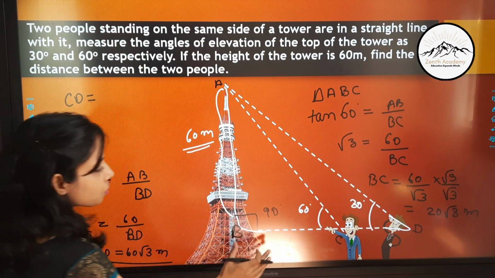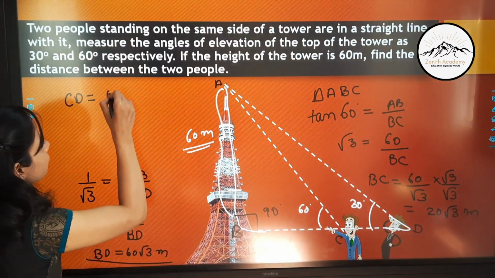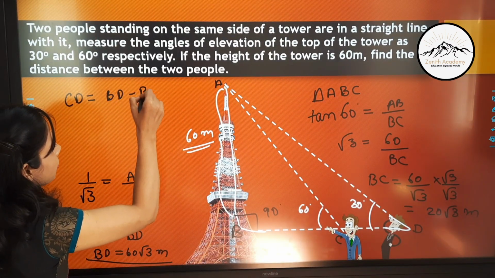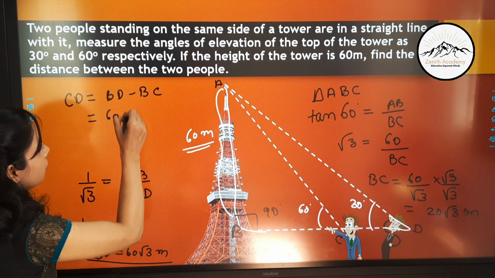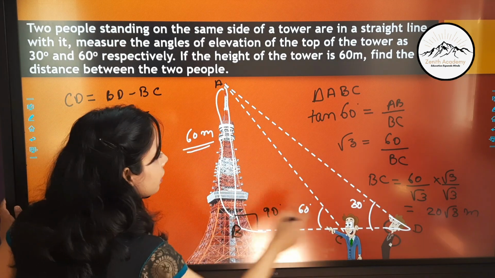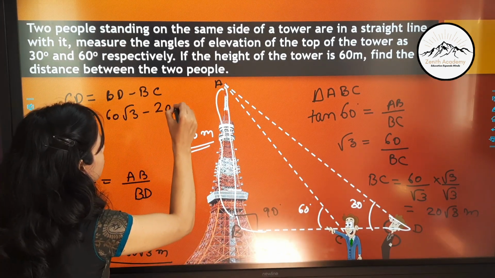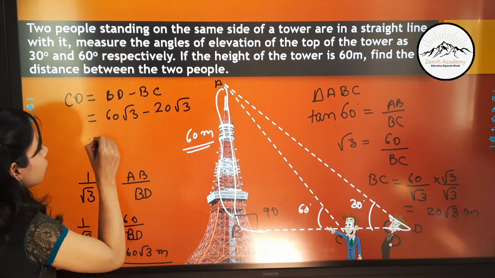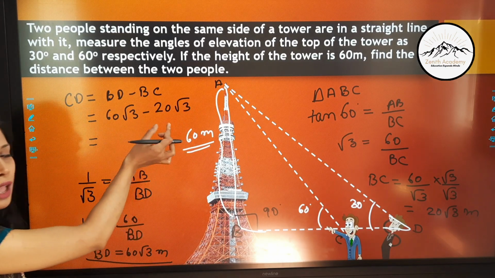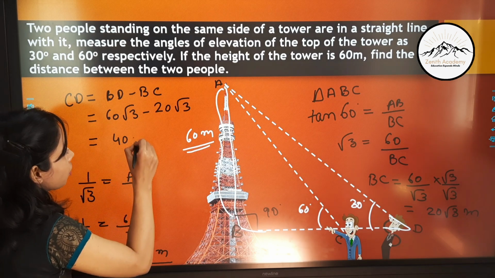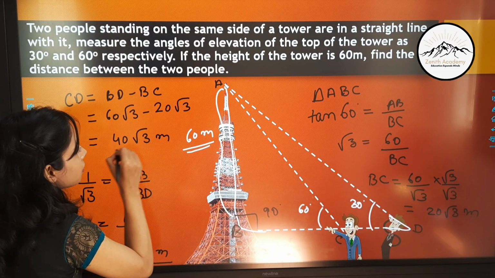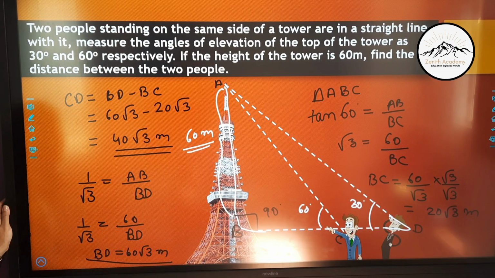CD is equal to whole of this BD minus BC. BD was equal to 60 root 3 and BC was equal to 20 root 3. So take root 3 common and we'll do 60 minus 20. So what will it give? 40 root 3 meters. Easy?